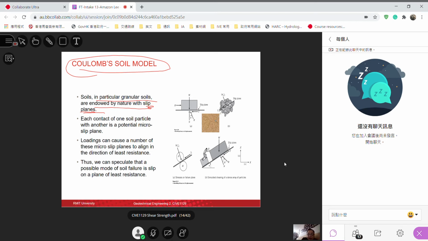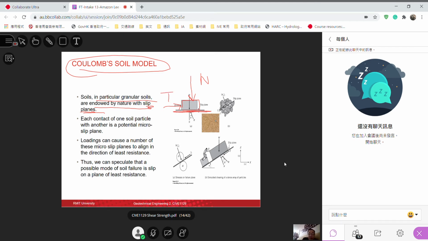Like remember Professor Coulomb in friction, you learn in physics. If we have a block of object, and then this is the shear plane, we apply a normal force into it, and then here we push the particle with a pushing force.